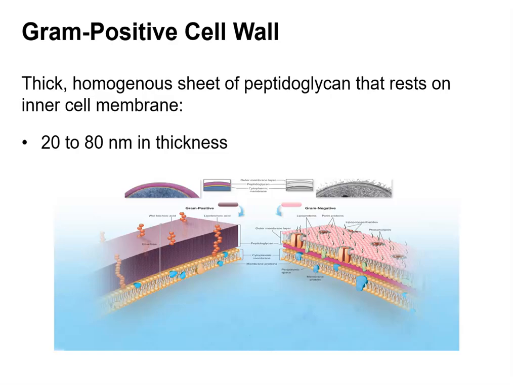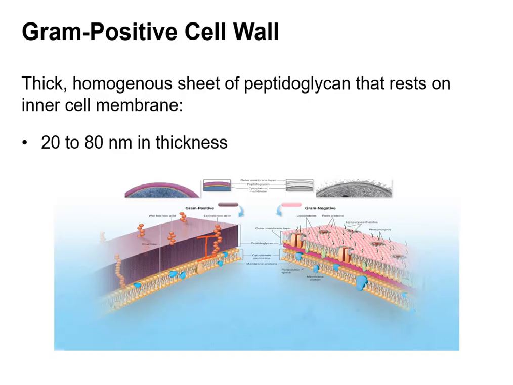If we compare this to our gram-positive cell walls, we see that gram-positive bacteria have a very thick peptidoglycan layer. So that's what we're looking at here. From here to here, this purple area is all peptidoglycan that's laying on top of the plasma membrane. So there's no outer membrane in gram-positive bacteria.